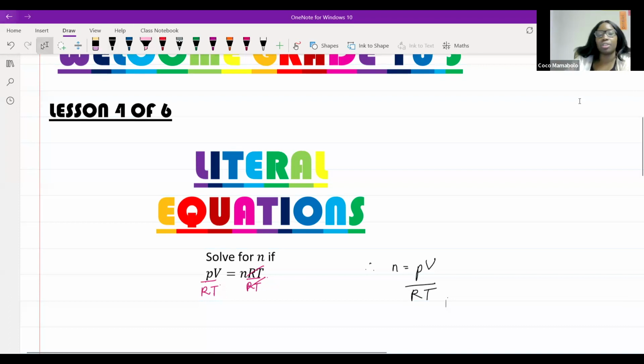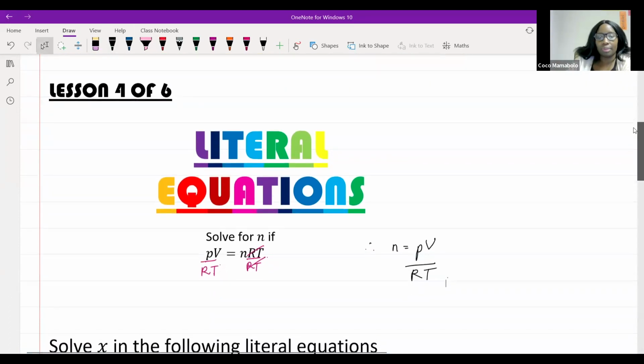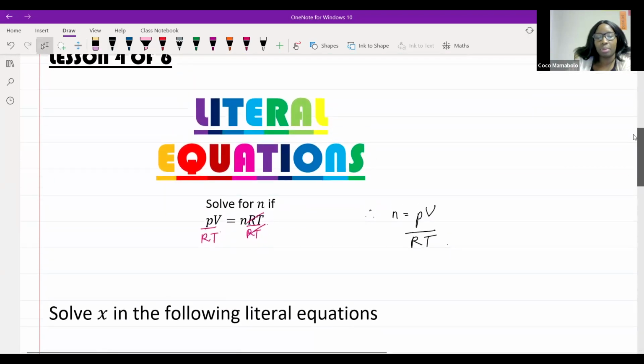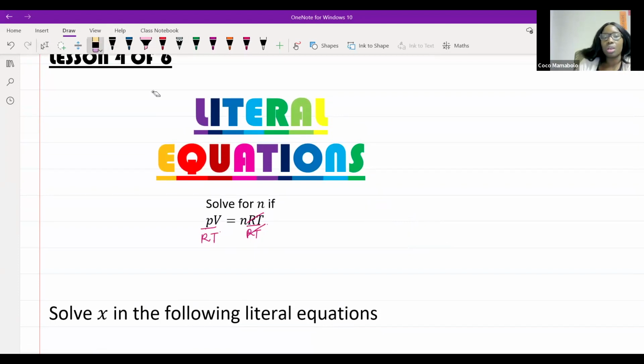I'll give you guys one more example before we continue. I am going to give you the equation V is equal to U plus AT. If any of you do physics, you will know what this is. It's one of the equations of motion.